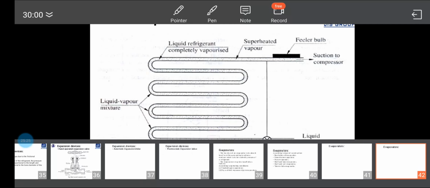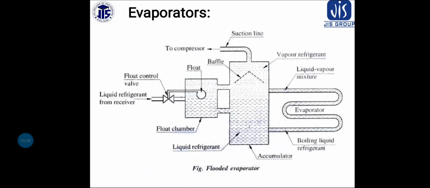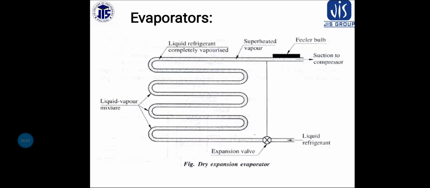The flooded type evaporator, in this figure you can see here, gives a high rate of heat transfer as the whole surface of the evaporator coil remains in contact with the liquid, and these are bulky in construction and require a large amount of refrigerant for their working. Okay, and it is especially used for the chemical and food processing industry. Very, very important. Okay, and after that we will be discussing the dry expansion.